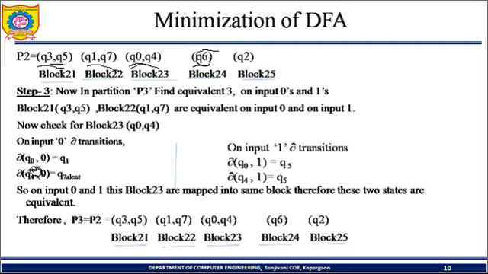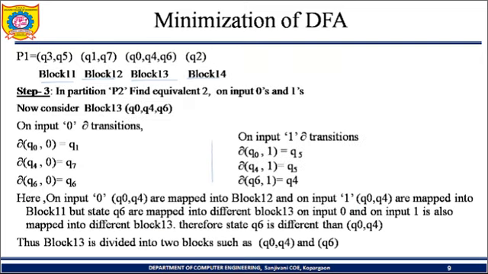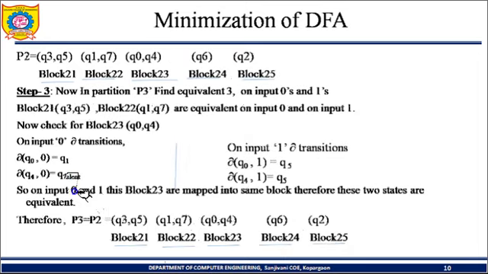So we have to check only for Q0 and Q4. So Q0 after reaching 0, again with the help of the given transition diagram, Q0 on 0 will be in Q1, and Q4 on 0, I'll check, Q4 on 0 will be in Q7. Q0 on 0 goes to Q1 and Q4 on 0 goes to Q7, and Q1 and Q7 are in the same block.